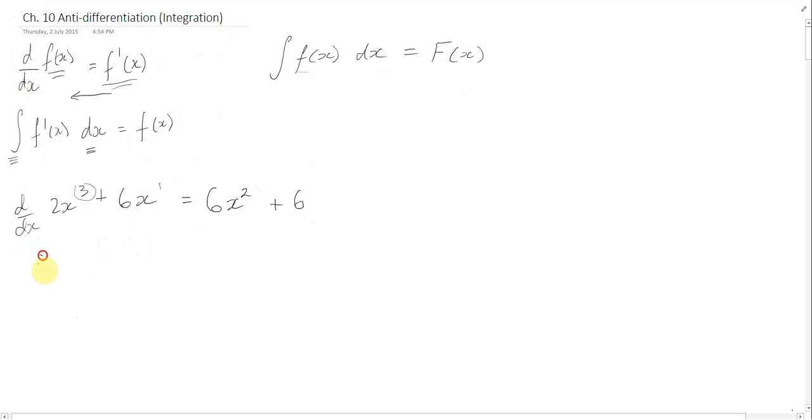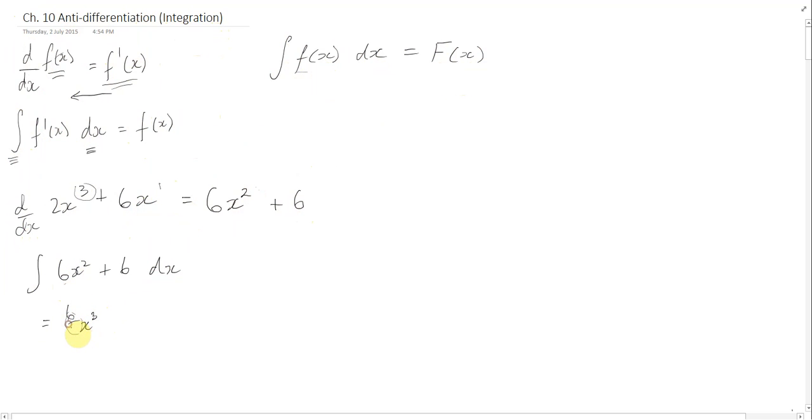Next up we want to go backwards, we want to integrate. So if we want to integrate our answer of 6x squared plus 6 with respect to x, we have to go backwards. The first thing I notice is here we've got an x to the power 2, so obviously that has to become an x to the power 3. If we had been going forwards, this 3 would have multiplied by whatever's here to get 6. In other words, what needs to go here is 6 divided by this 3.